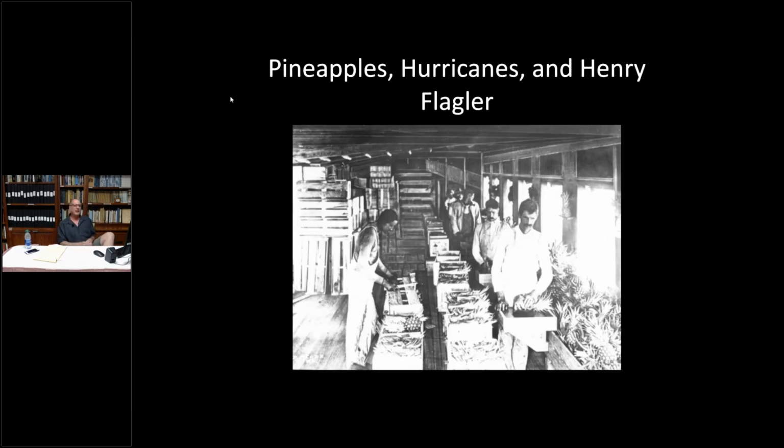Now, pineapples really became one of the primary cash crops in the Florida Keys, and the industry took a big hit for several reasons, two of them being hurricanes and Henry Flagler. In the early 1900s, there were a series of hurricanes that diminished the pineapple industry.